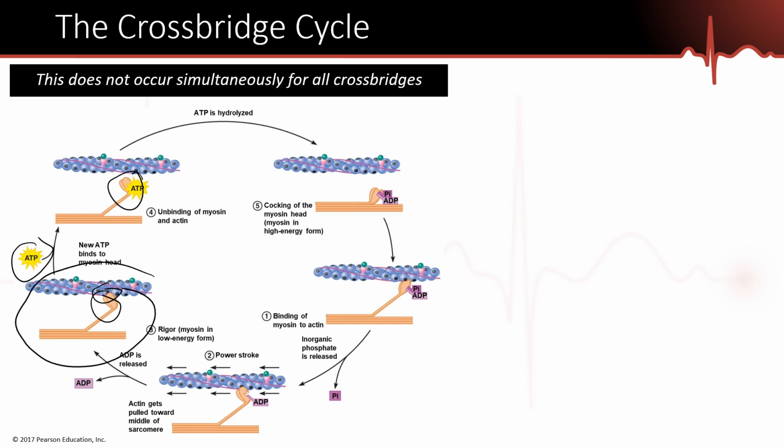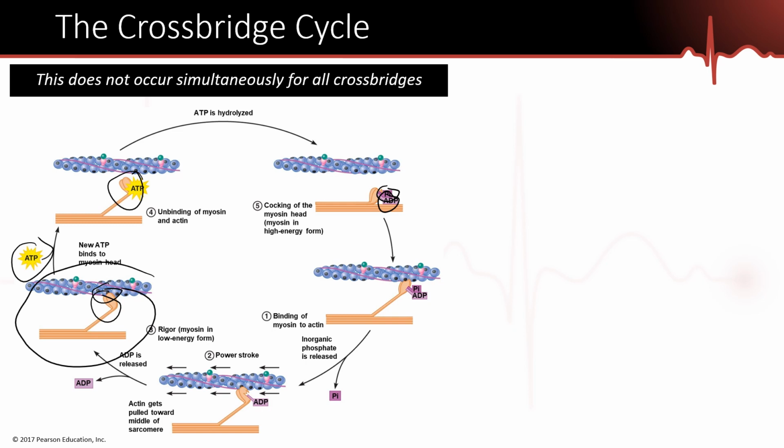The site in the myosin head is called an ATPase. That means the myosin head actually has the capacity to break the molecule of ATP down. And the interesting thing is when the ATP molecule gets broken down, it actually stays within the myosin head. The ADP and the inorganic phosphate stay within the myosin head when ATP is hydrolyzed.